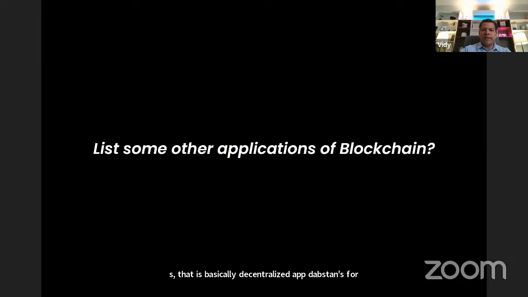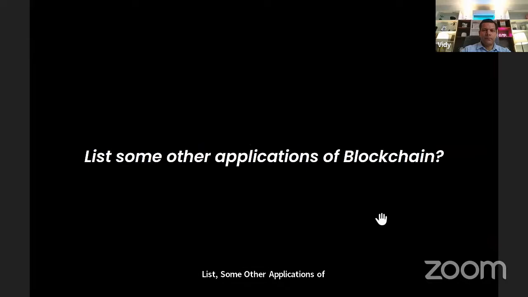List some other applications of blockchain. Let's go from here. Money transfer, healthcare, personal identity, NFT, logistics. Yeah, these are all good examples of blockchain. Internet of Things, personal identity, healthcare, money transfer. Yeah.